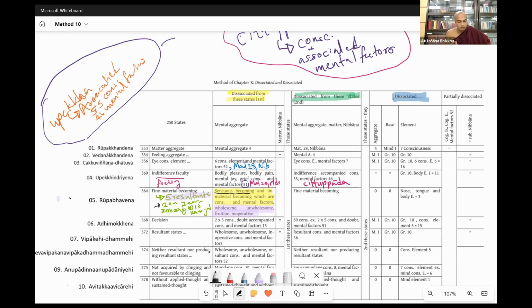The two eye consciousness, the two ear consciousness, and some investigative consciousness, etc. Those vipaka chittas are generally categorized in the kamavachara, so those need to be excluded. Yes.